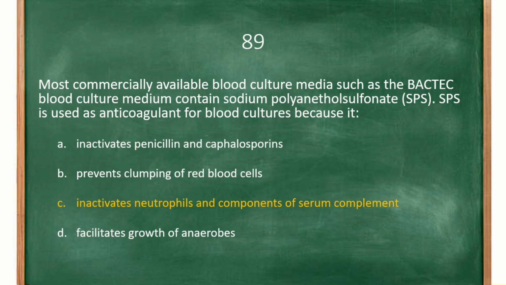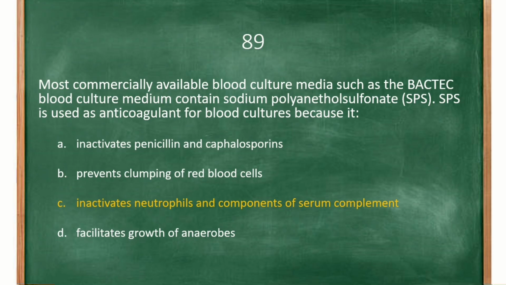So if you look at the other options, like A, inactivate penicillin and cephalosporin, SPS does not have this effect. The inhibition of antibiotics is not its primary function. If you take option B, it says prevent clumping of red blood cells. SPS does not prevent clumping of red blood cells.